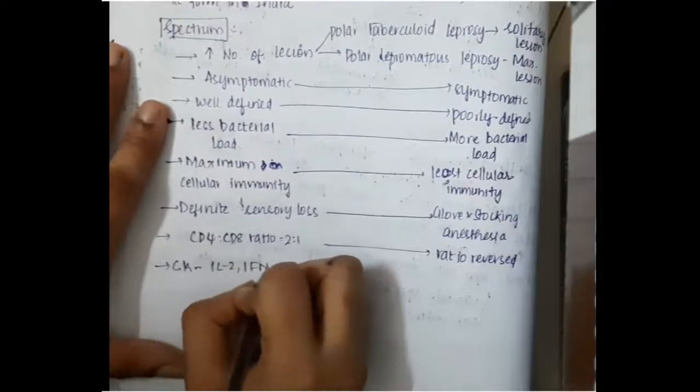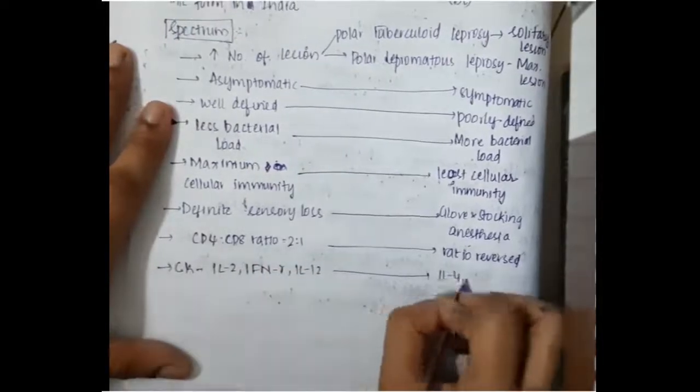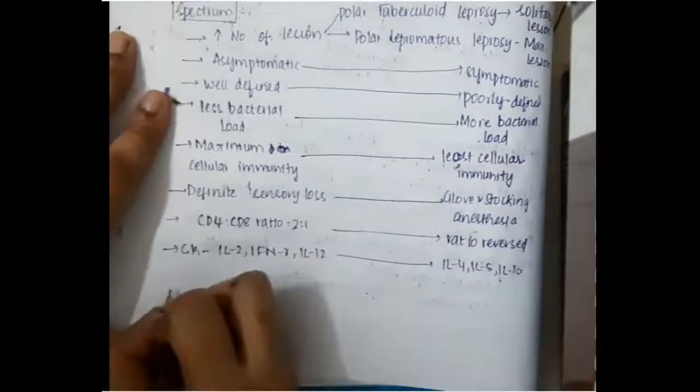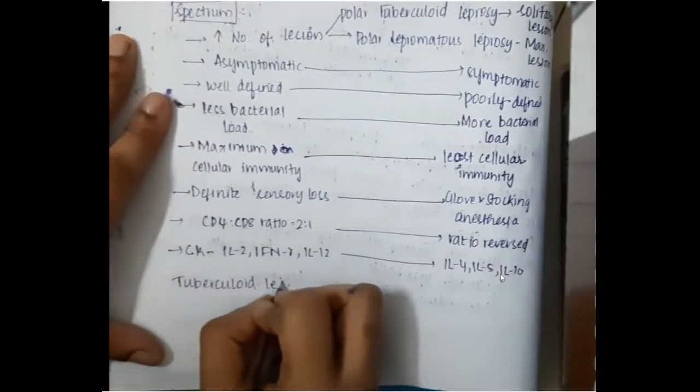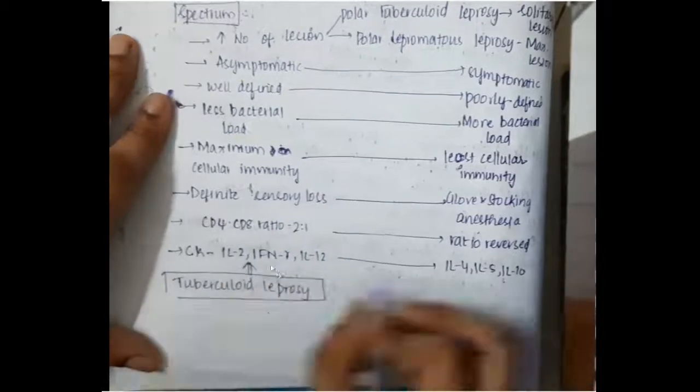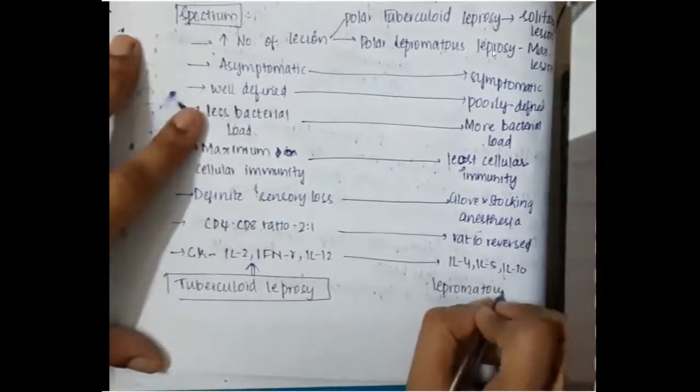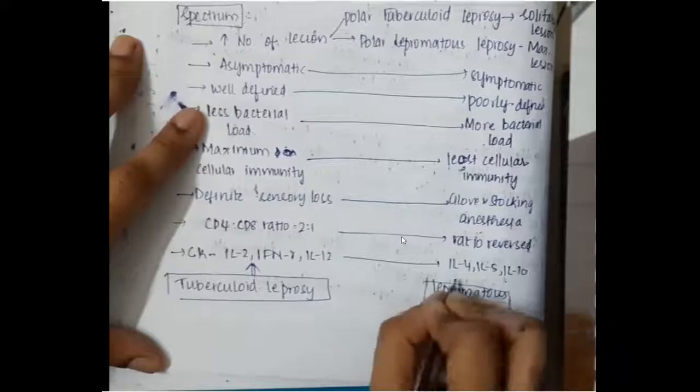In tuberculoid leprosy, the cytokines interleukin 2, interferon gamma, and interleukin 12 are important. Whereas in lepromatous leprosy, interleukin 4, 5, and 10 are important. All these together we classify as tuberculoid leprosy, and all these together as lepromatous leprosy.